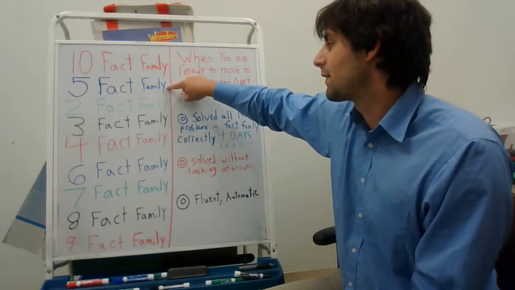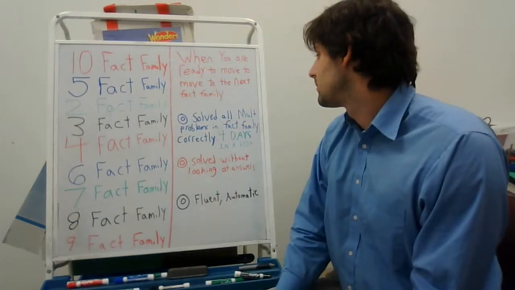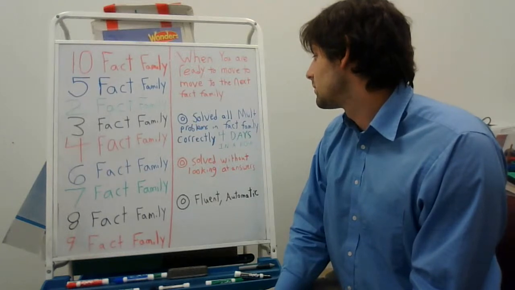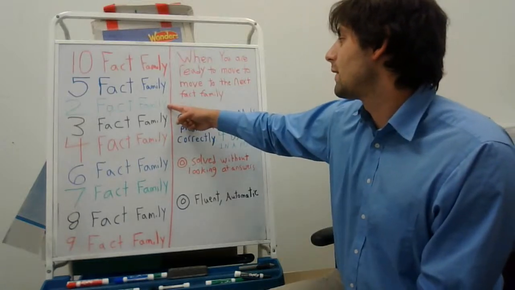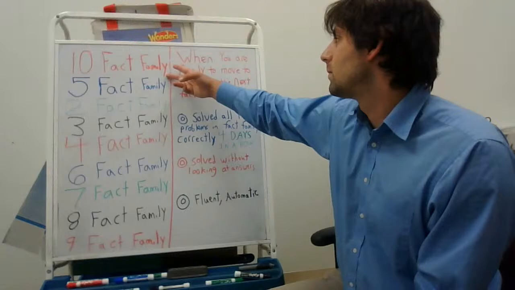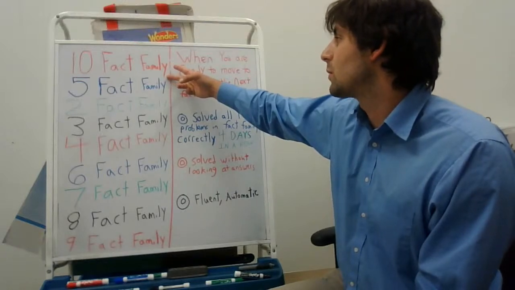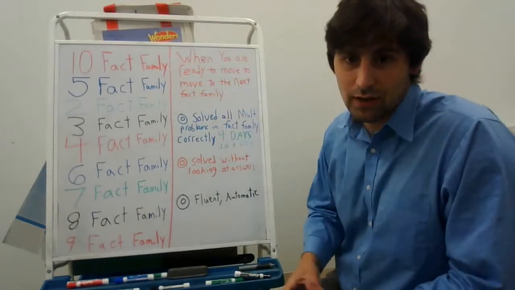Then move on to the 5 fact family. Then when you're ready for the 2 fact family, review at least once a week. Review the 10 and 5 fact family so it sticks with you.